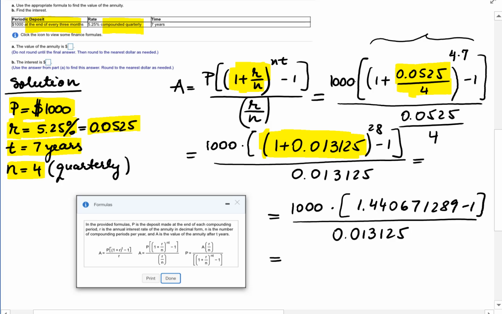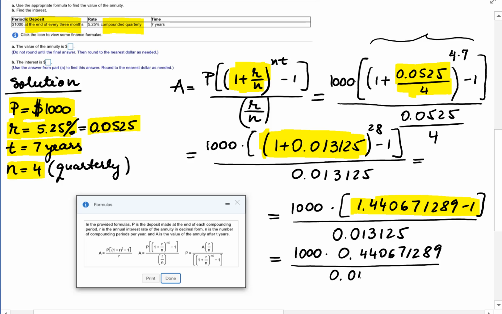So first we have to subtract 1, so 1.4406711289 minus 1 is 0.4406711289. So let me write that out. So it's 1,000 times 0.4406711289, everything divided by 0.013125.